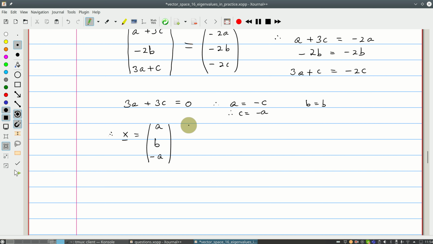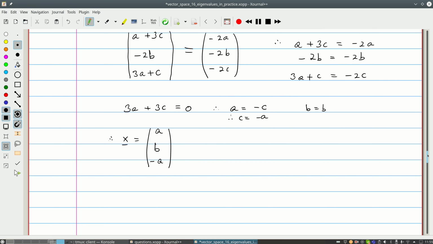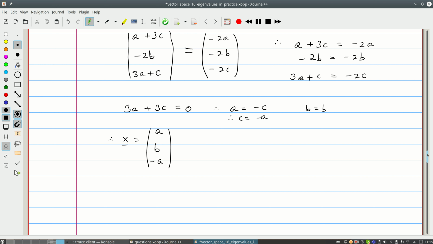Well, there are a few options we've got. First of all, you could pick any choice of a, b, and c. Now here's where I like to pick the simplest non-trivial choice possible. So first of all, a equal to 0 and b equal to 0 is a useless choice. You just get the 0 vector. What if I choose a is equal to 1 and b is equal to 0?